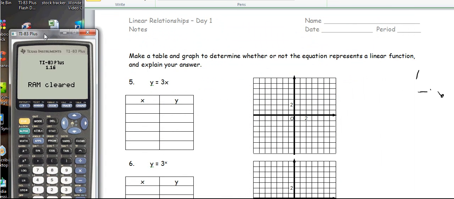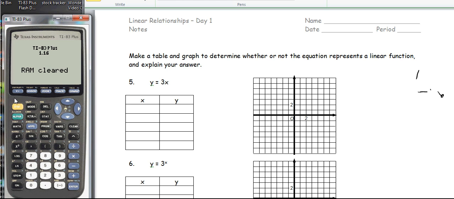I'm going to get this situated here. So I'm going to my y equals. I'm putting in my 3 and my x, which is right next to the alpha. Do not use this multiply sign. That is not an x. And do not try to put in the alpha characters down here. In this case, x is a variable, and we're going to use the variable button.